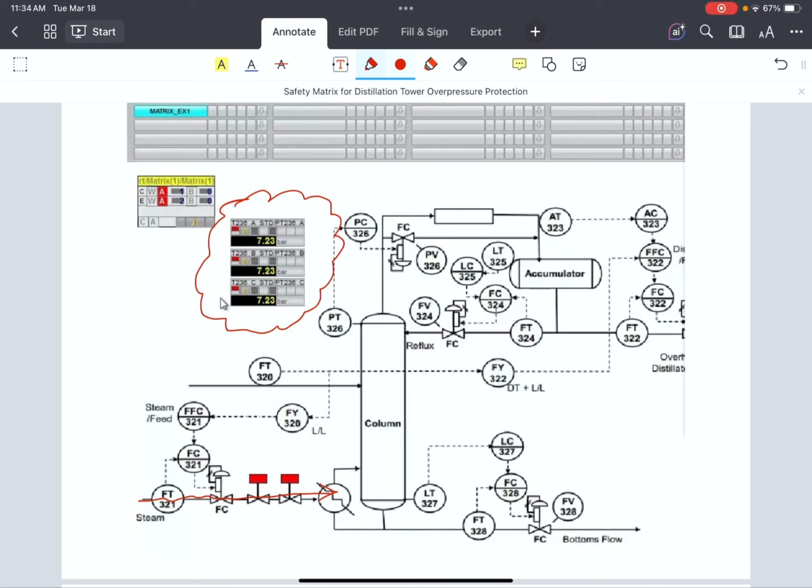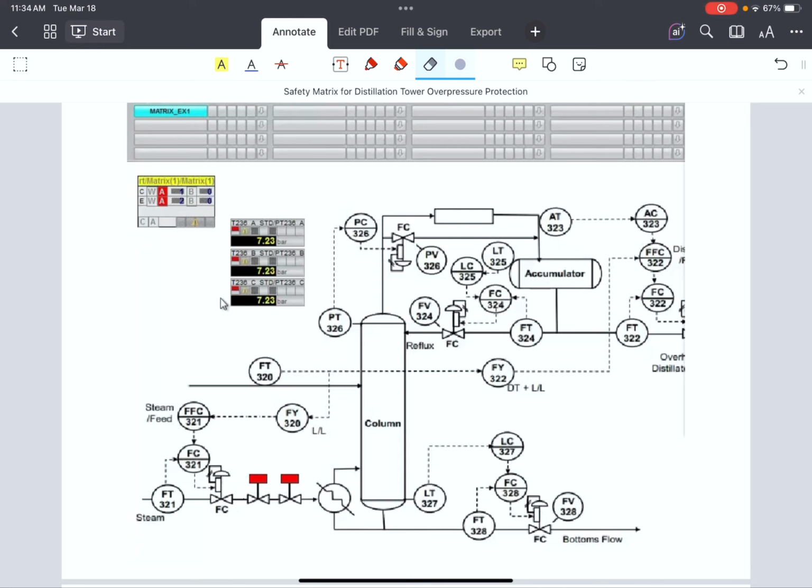We use 2 out of 3 for this example, in order to shut down the supply of steam to the column.